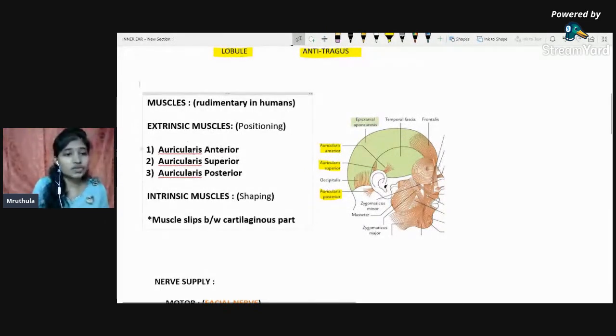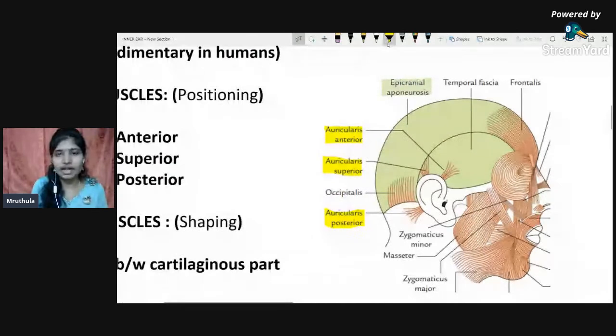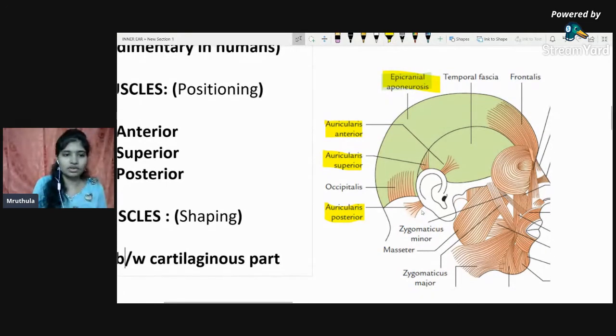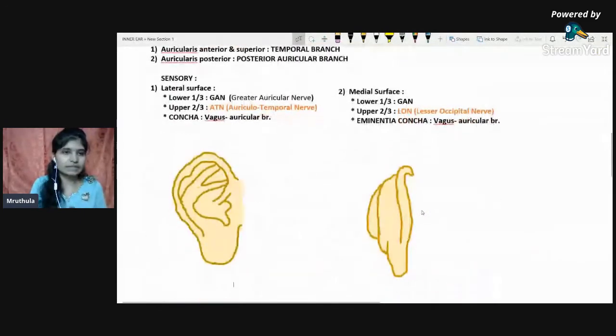The three extrinsic muscles are auricularis anterior, auricularis superior, and auricularis posterior, as you can see in this diagram. The auricularis anterior and superior have their attachment with the epicranial aponeurosis, and we have the auricularis posterior on the posterior aspect. Just know their locations and that's enough. Their functions are not prominent in humans, except for very rare individuals.